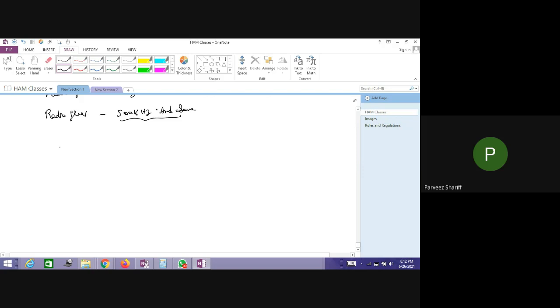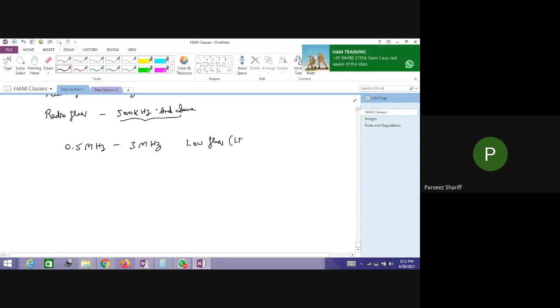So we can make 3 columns, that is 0.5 megahertz to 3 megahertz. It is called as low frequency, LF. Then 3 megahertz to 30 megahertz, we call it as HF or high frequency.